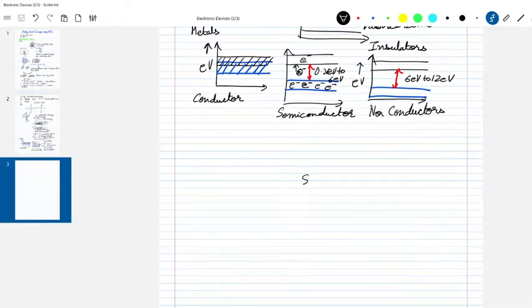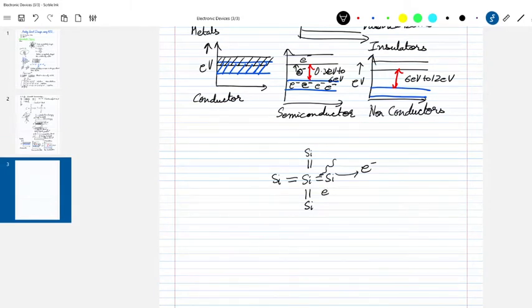So in terms of bonds, what is going to happen? Let's say this is silicon, and silicon has formed 4 covalent bonds, because then the octet rule is satisfied. Each line represents one electron. If you apply energy to one of the electrons, this electron is going to become free. It is going to be bumped out, and what remains behind is a lack of an electron.